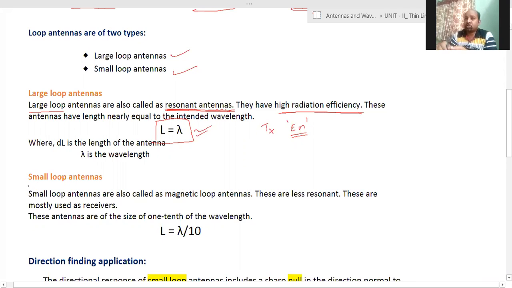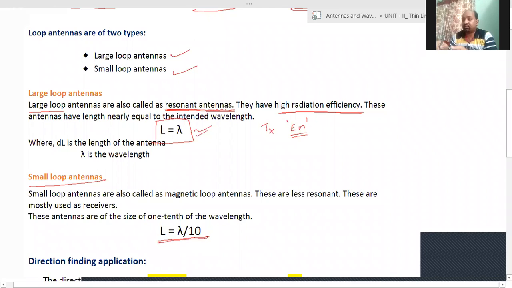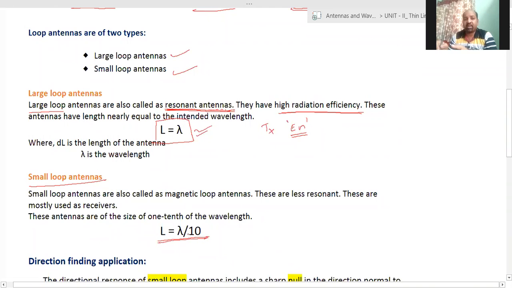Coming to small loop antennas, they are in the order of lambda by 10, 1/10 of a wavelength, and such loops are called short loops or small loops.